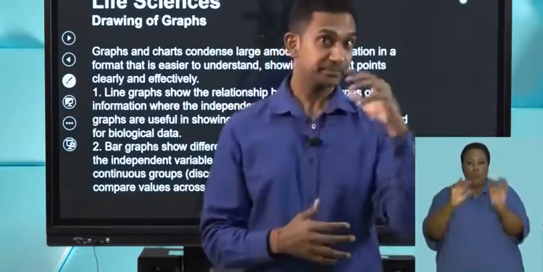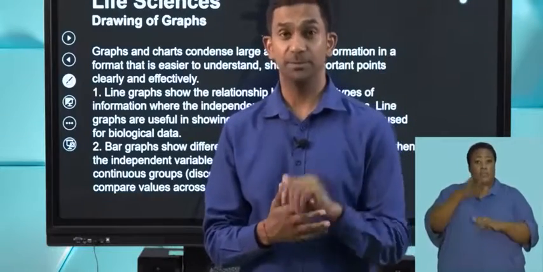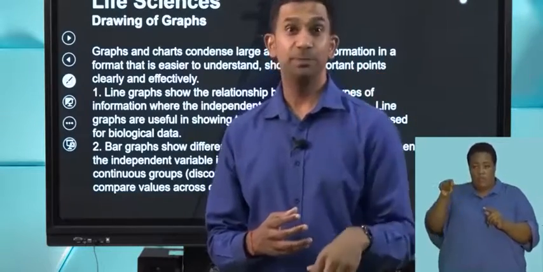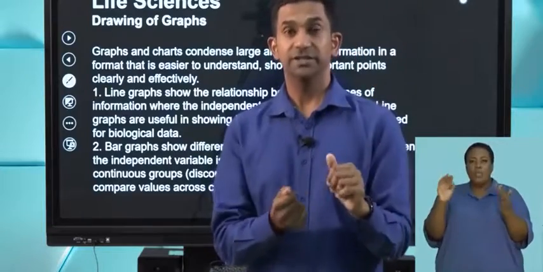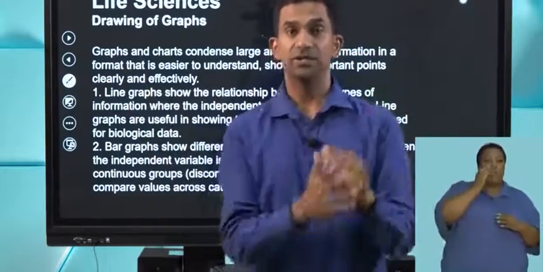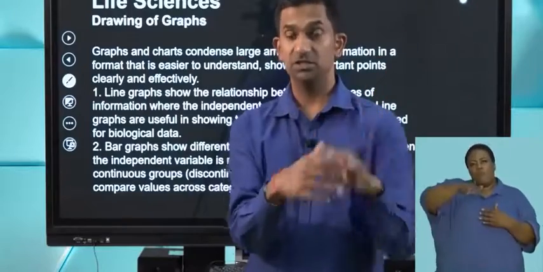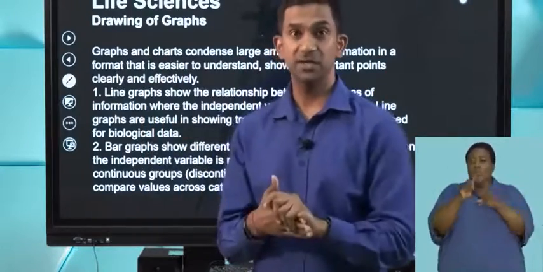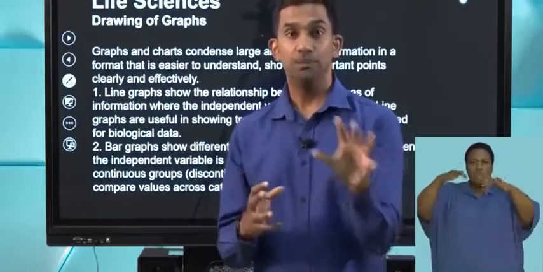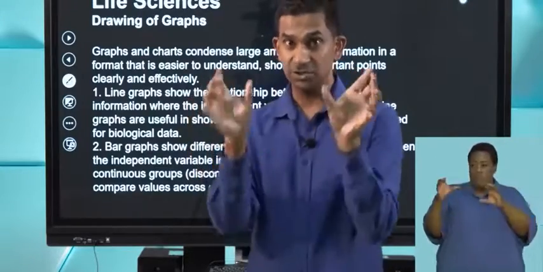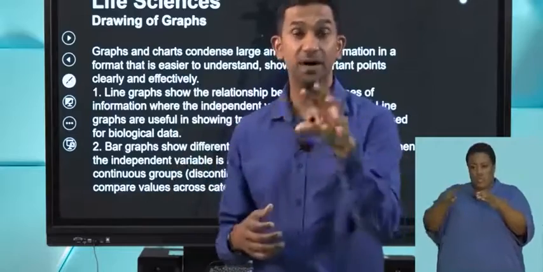And I mentioned this earlier on, a bar graph could be used to illustrate information where we compare an age cohort to a different age cohort, or males and females, or the average rain in the year 2019 compared to the average rain in the year 2020. Those are comparisons where a large group can be compartmentalized into different segments. So we use a bar graph.